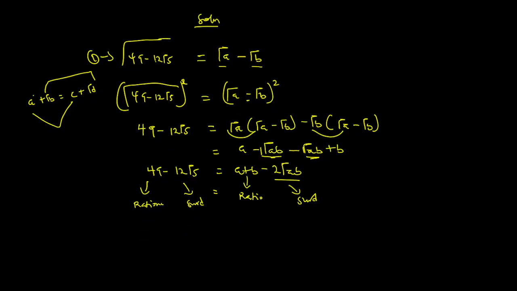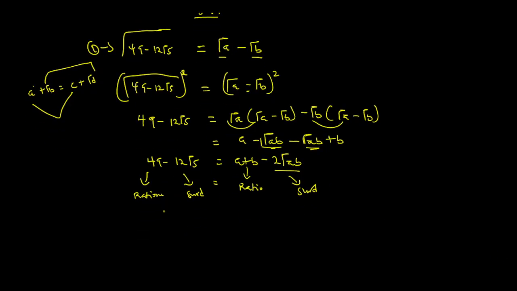So we compare, and we conclude that this a plus b must give us 49. So let's call this equation 1. And then this negative 12 root 5 should be the same as minus 2 root ab.